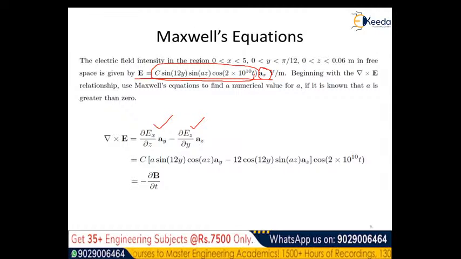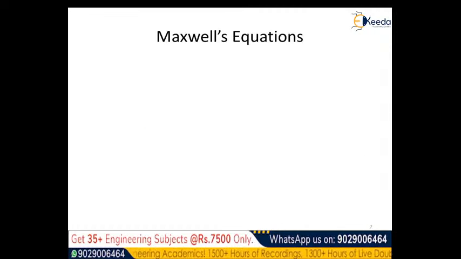When we equate it, we get the equation modified to the form: capital H is equal to minus 1 upon mu 0 multiplied by the integral of del bar cross of E bar dt, added by the constant of integration denoted by C1.